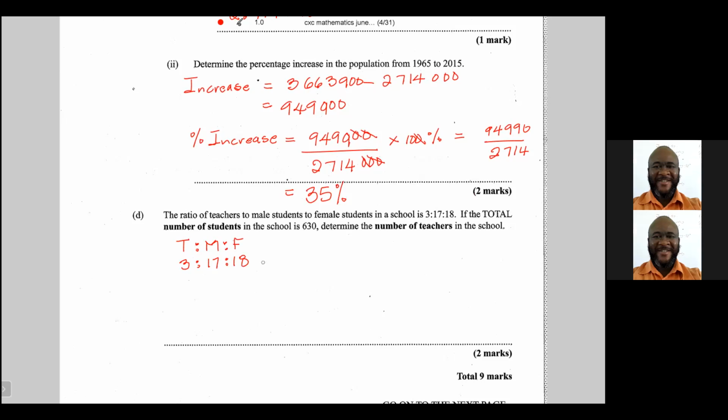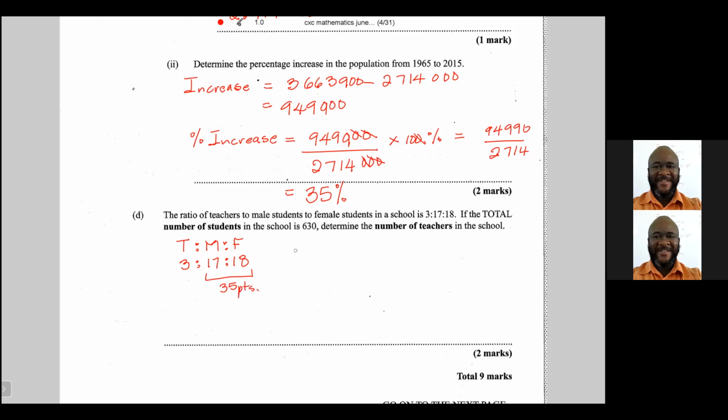So if I look at this from a unitary perspective, the total number of students here would be 17 plus 18, yeah, 35. So this is 35 parts.